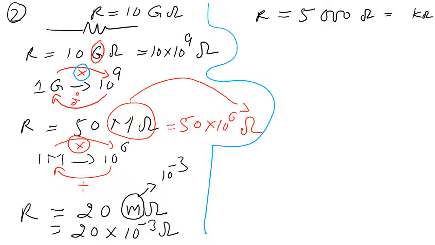So here you have to write the relation between the kilo. So this 1 kilo, we know this is 10 to the power 3. Now if you are changing the kilo to the number, you have to multiply. If you have already some number and you are changing to kilo, it means you have to divide.